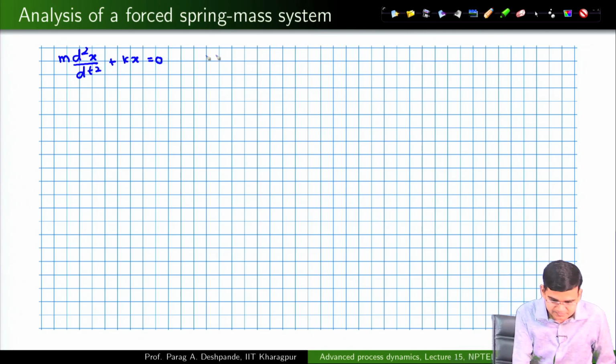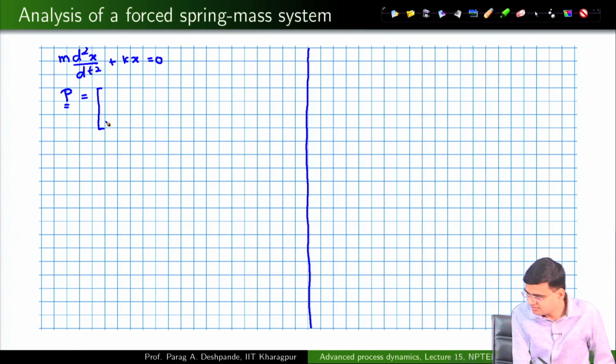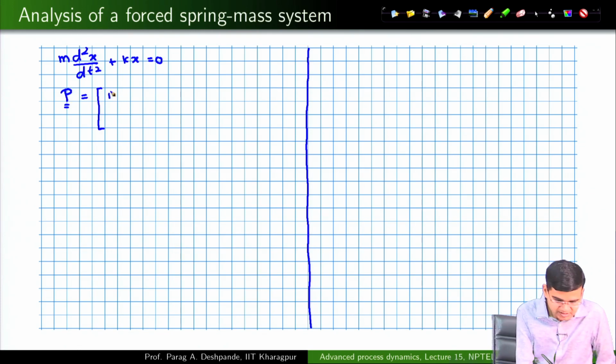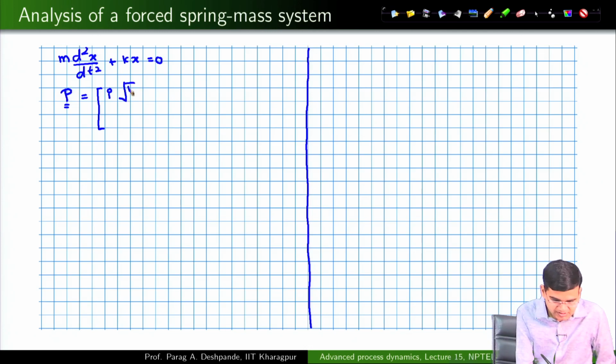We have P, which is given as the augmented eigenvector matrix: root over m by k, 1, minus I root over m by k, 1.